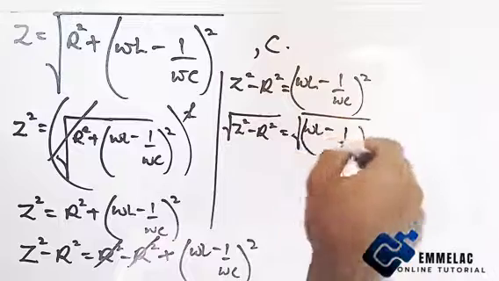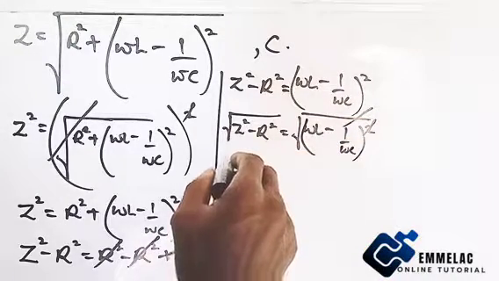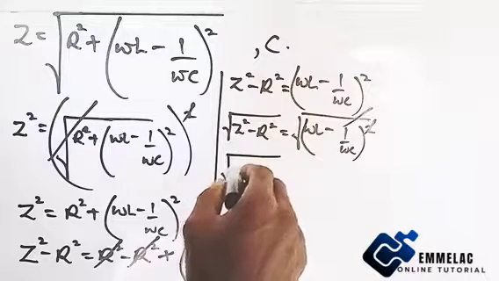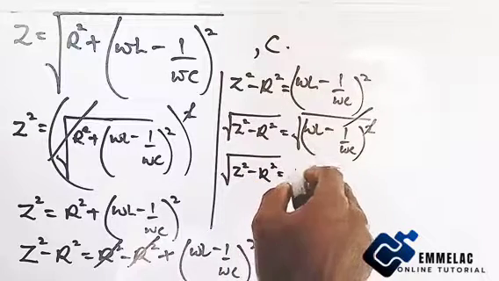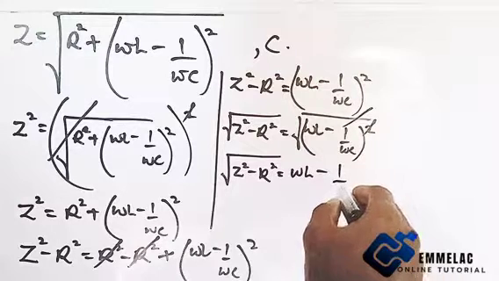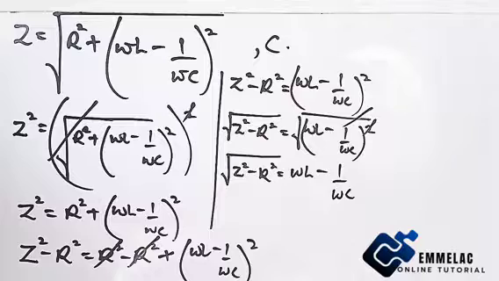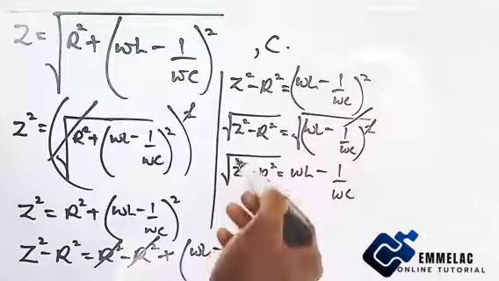Take note, all these are in square, so this will cancel out this, so we are left with that the square root of Z squared minus R squared then equals WL then minus 1 over WC.